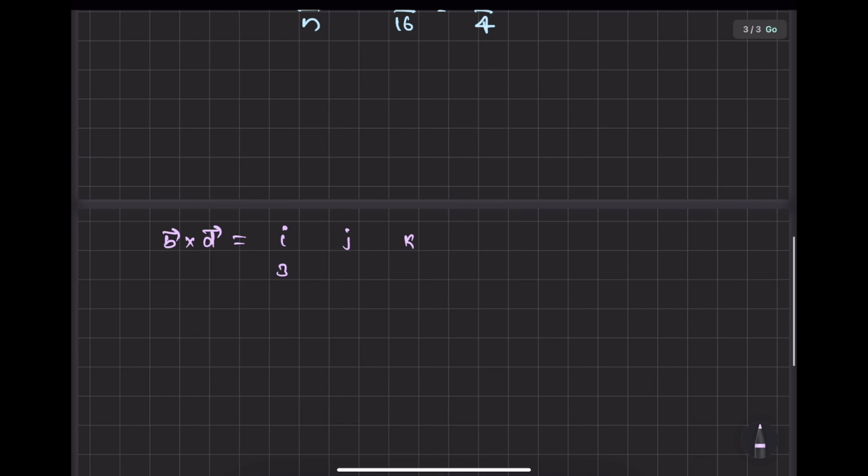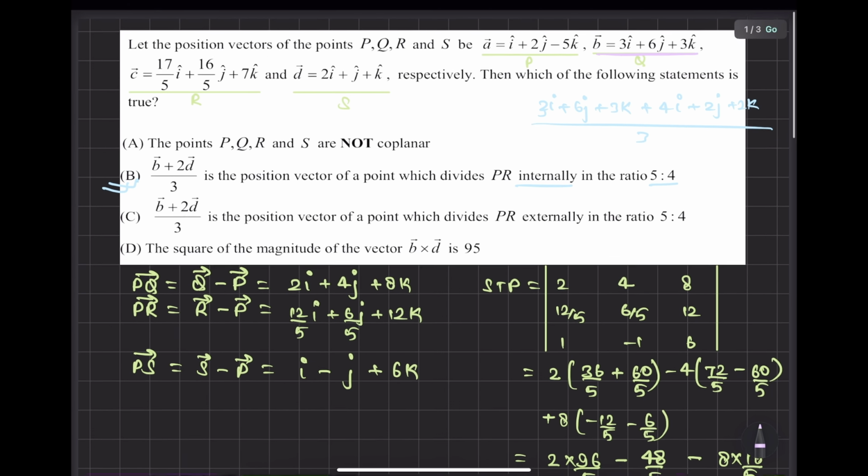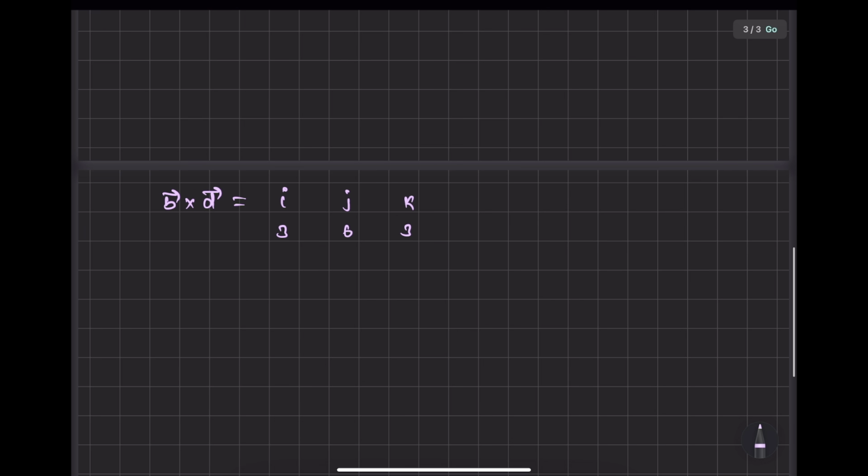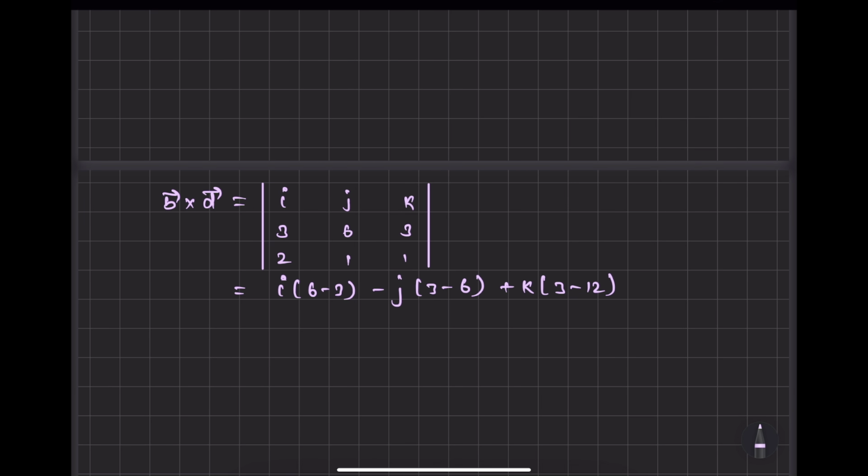Now who is D? 2, 1, 1. Okay, now let's solve. So it is i (6 minus 3), j (3 minus 6), k (3 minus 12). So we got 3i plus 3j minus 9k.